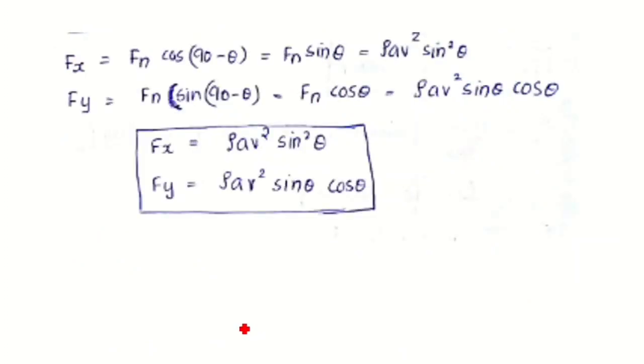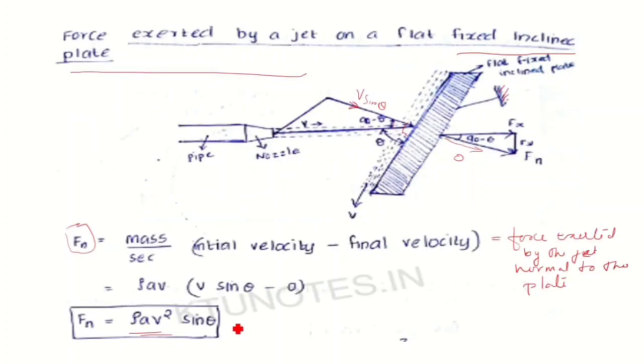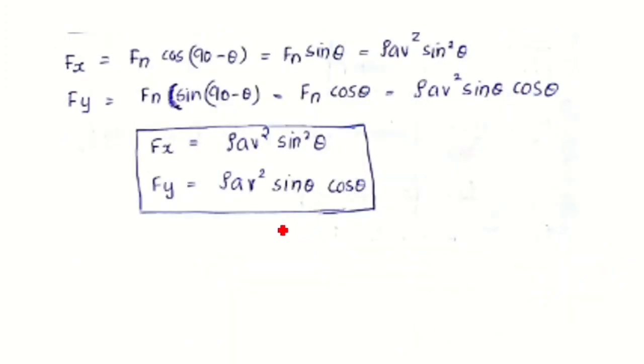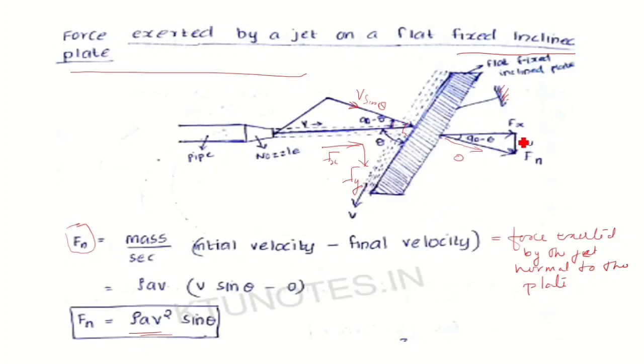So we are going to find the x component, which is f of x, and also the y component f of y. From this diagram, this is the normal component, this is the vertical component, and this is the horizontal component.